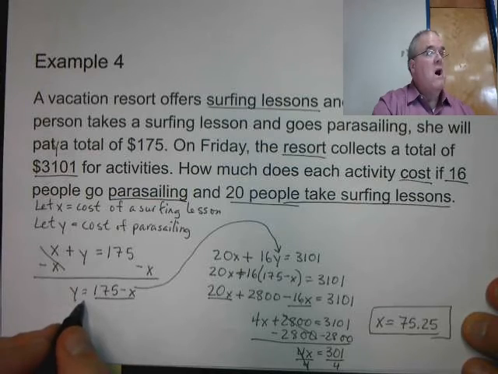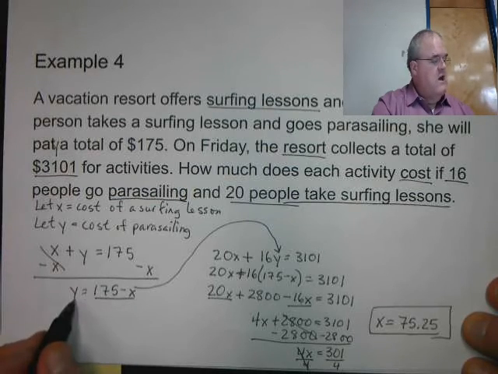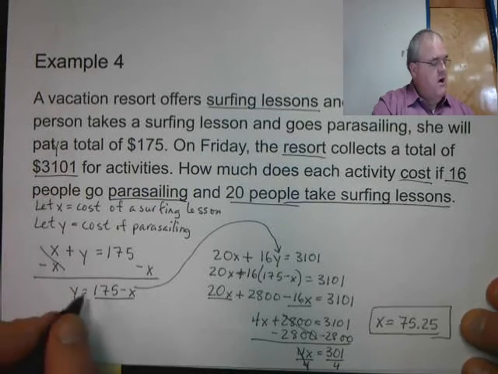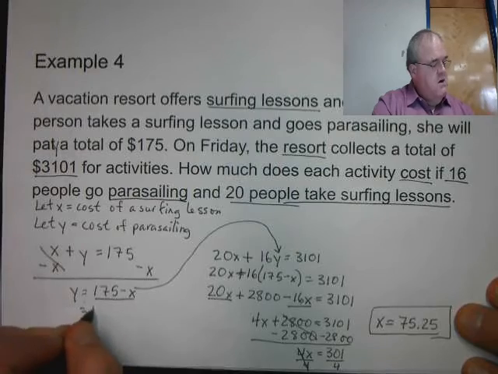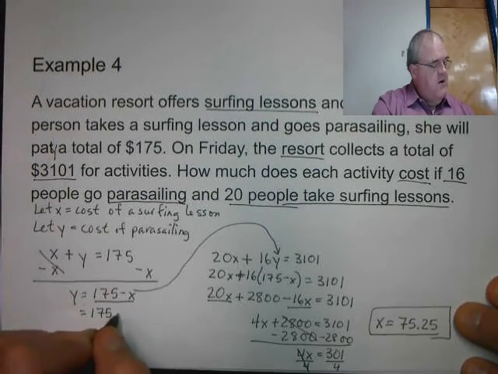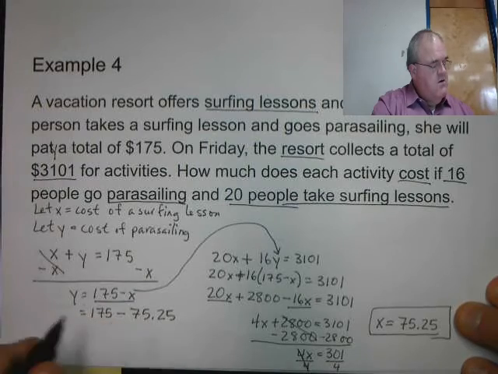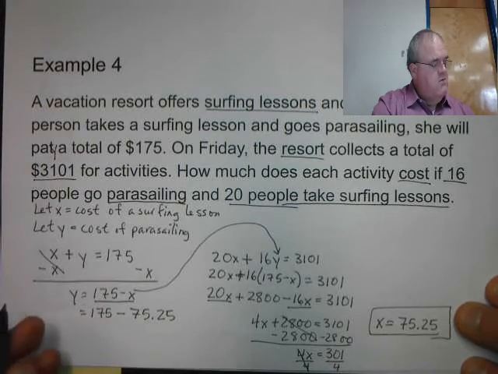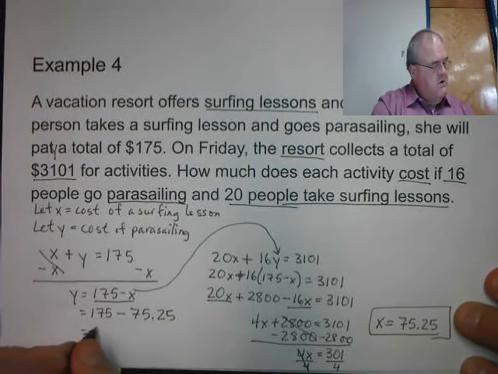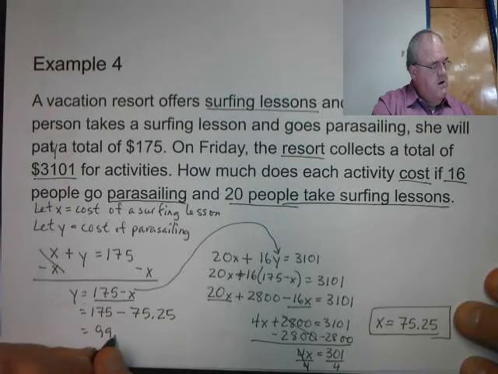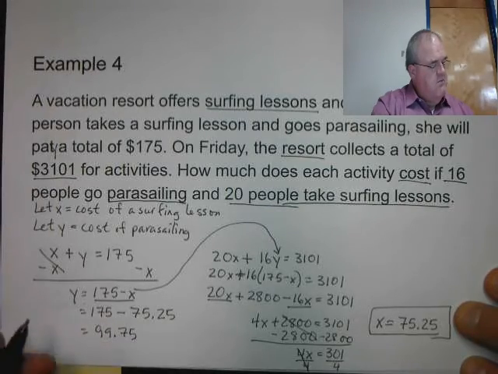I need to solve for y. I've already got it easy to do. I've changed it around, so I'm going to say y equals 175 minus 75.25, and that's going to give me 99.75.